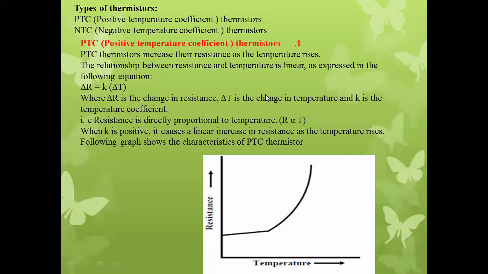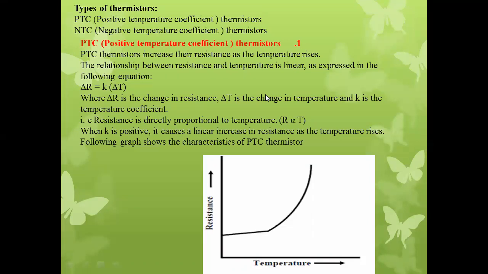The expression for the resistance is given by delta R equals K into delta T. To remove the proportionality sign, we use the proportionality constant K, where delta R is the change in resistance corresponding to the change in temperature delta T. We remember that resistance is directly proportional to temperature, so the proportionality constant is positive.